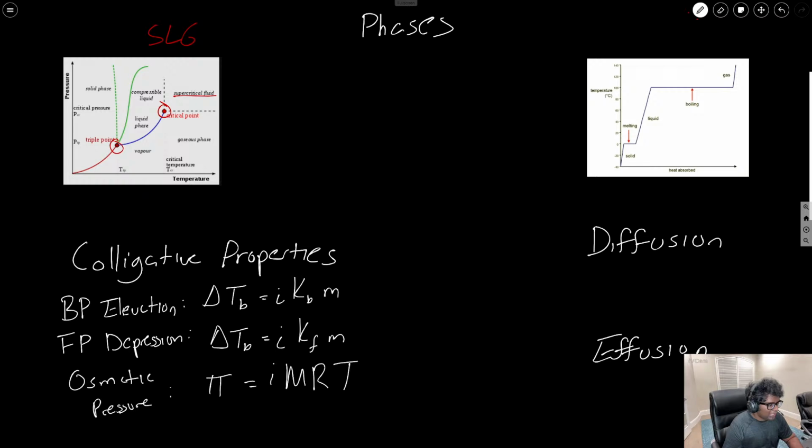I should have explained these. The i is the Van 't Hoff factor. It's basically, if you're given any reaction, the coefficient of whatever you're talking about. So these are constants, the boiling constant, freezing constant, these are masses. This is temperature, this is molarity, Van 't Hoff factor.